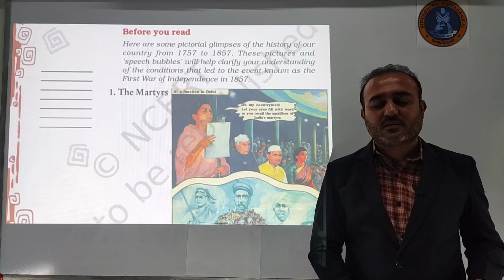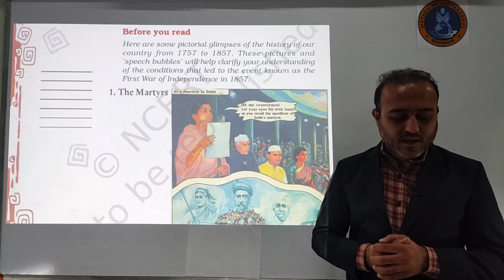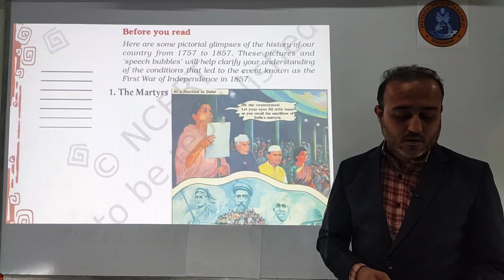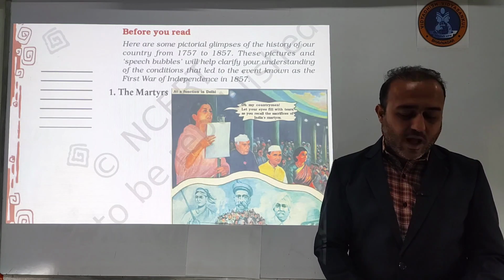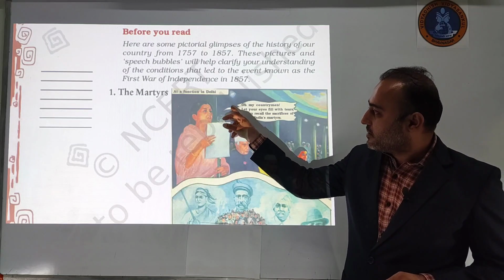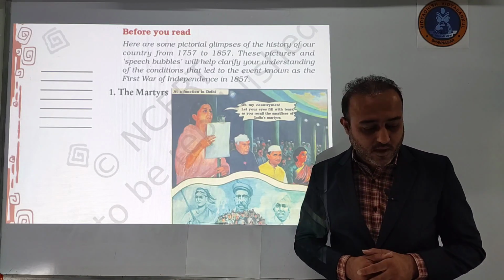Now we need to understand the meaning of speech bubble. Speech bubbles are rounded or irregular shaped outlines. You can see this outline.